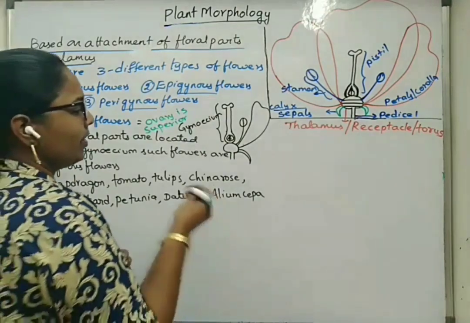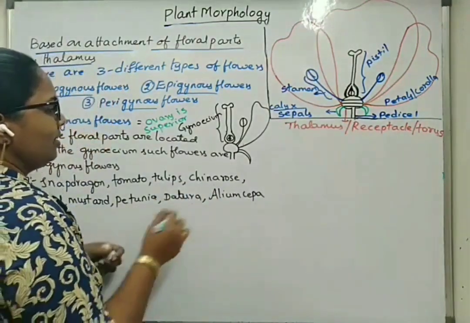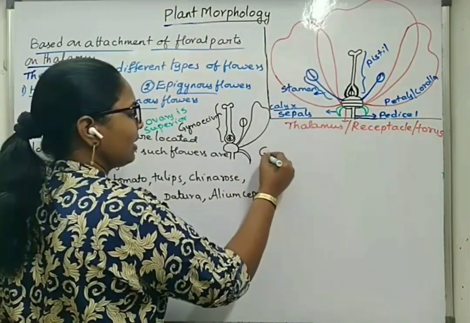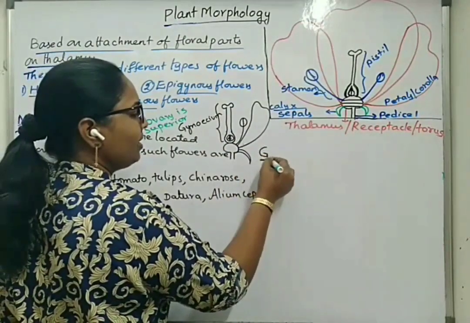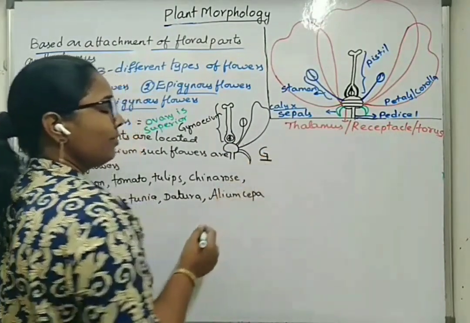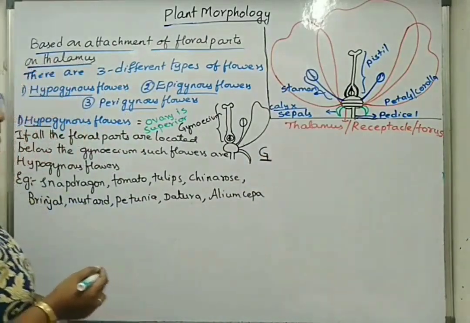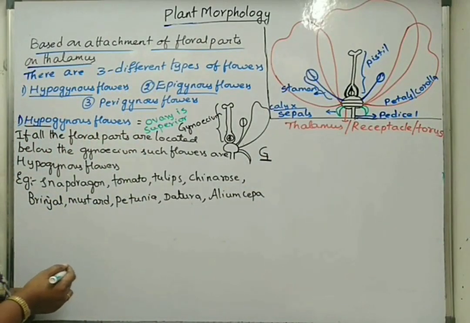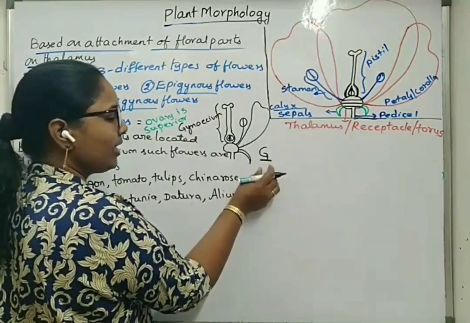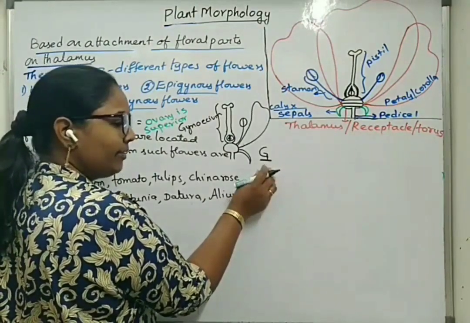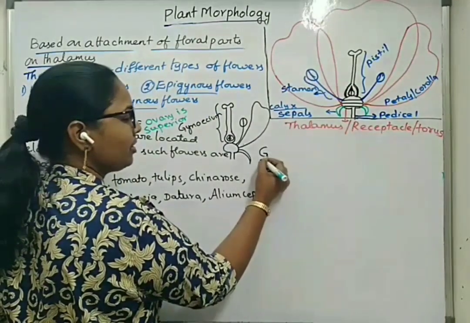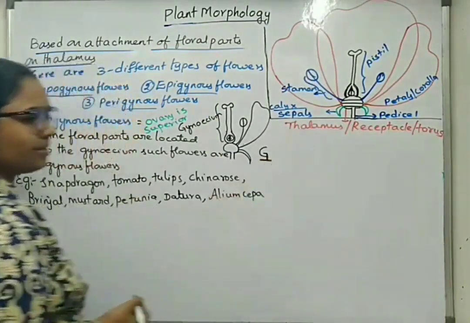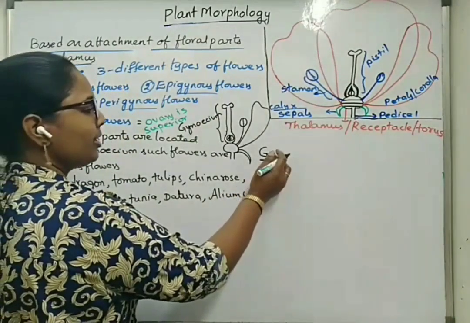We represent this one like, we will write capital G, and we will write one line at the base part. While studying about different families, after this chapter, we will write the symbols, how do we write superior ovary, inferior ovary, etc. Here gynoecium is at the topmost position. So we are writing a line at the base. It indicates that gynoecium is superior.